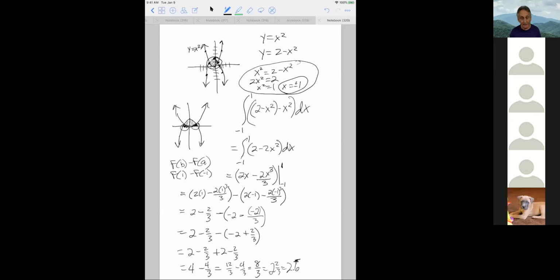Okay, let's do it on a calculator and make sure it's right. All right, so let's go back and input the simplified version. Put that into your calculator right now, if you would, okay? If you have a TI-84, get your integral, do math 9. If you have the TI-83, then you need to input 2 minus 2x squared, comma.